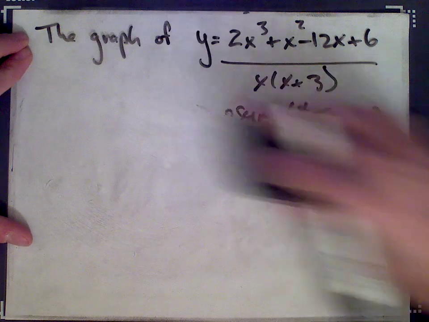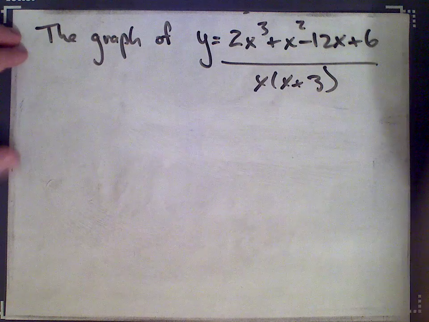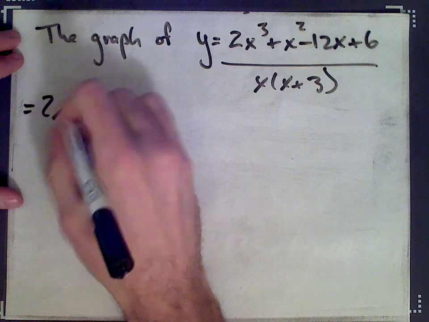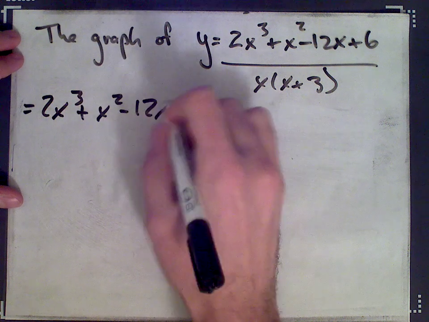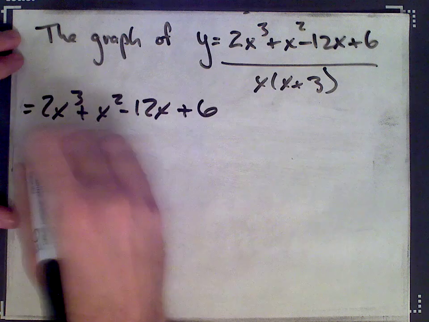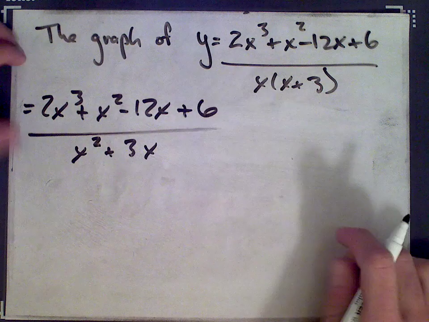So let me erase what I have written here. We're just looking for the slant asymptote, which means we need to do polynomial division. So rewriting this, we get 2x cubed plus x squared minus 12x plus 6 divided by x squared plus 3x, and then we divide.